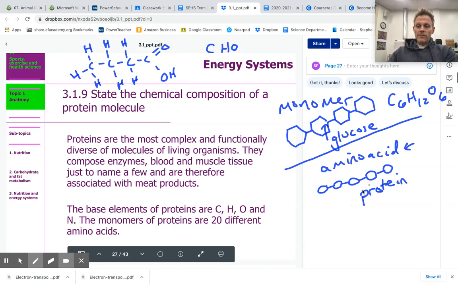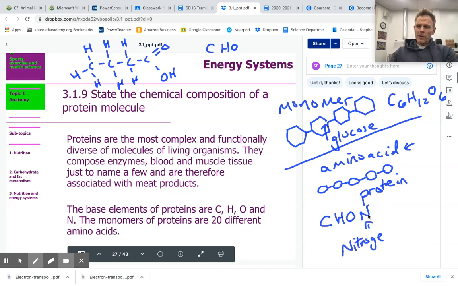For amino acids, for proteins, we're going to add one more as far as the building block. So we definitely have carbons, we definitely have hydrogen, and we definitely have oxygen, and we're going to add a third element, and this one is nitrogen. So nitrogen is the fourth part of amino acids.